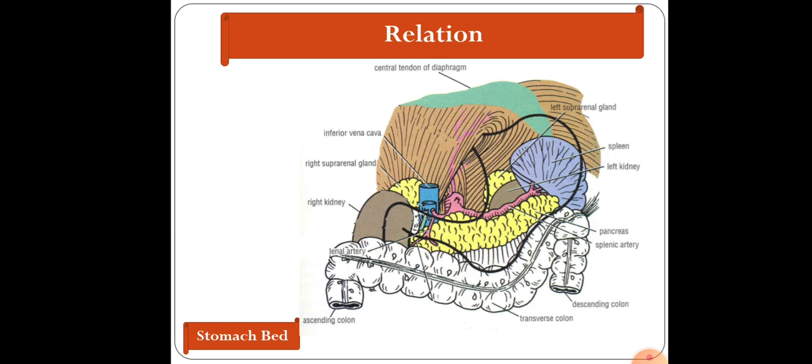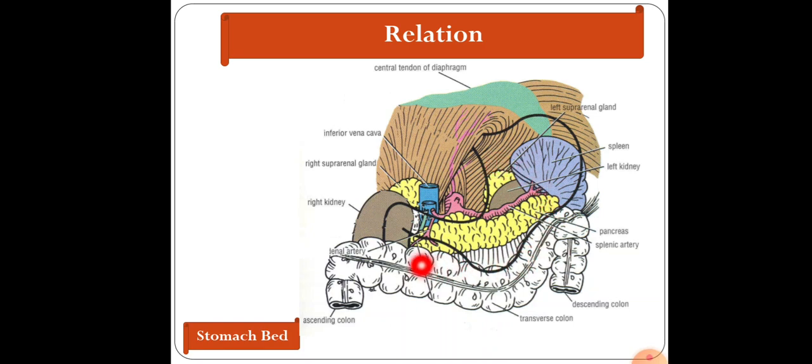The posterior surface is related to many structures that form the stomach bed. These structures are the transverse colon, transverse mesocolon, pancreas, splenic artery, left kidney, left suprarenal gland, and left crus of the diaphragm.